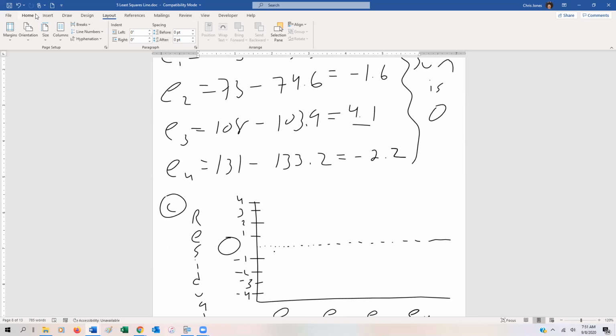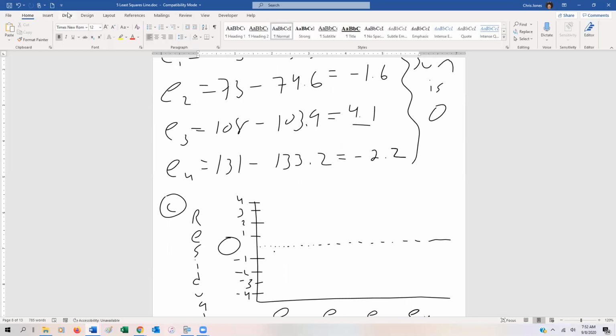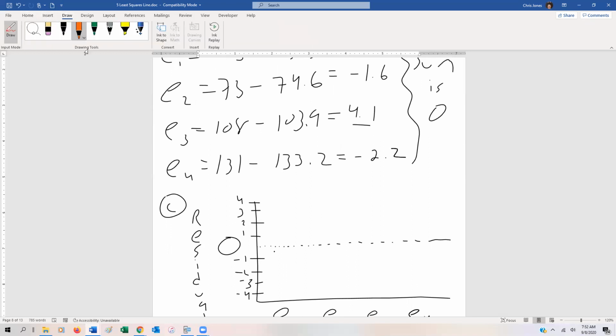What I'll do is plot them in a different color, so that way we can see what the residual plot actually looks like. So this is E3 right about here. The next one's negative 1.6, so that's going to probably be right about here. Then we have this 4.1, which is way up here.